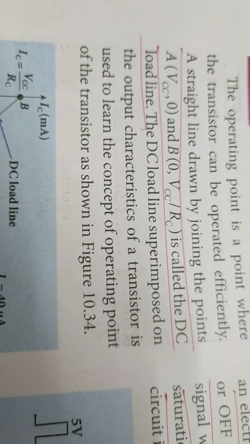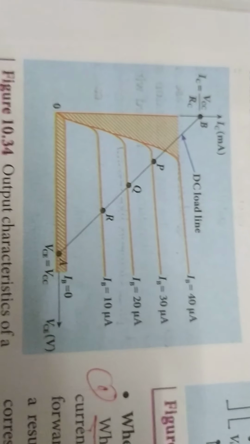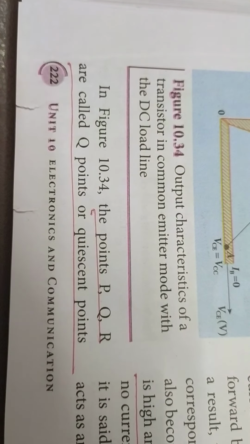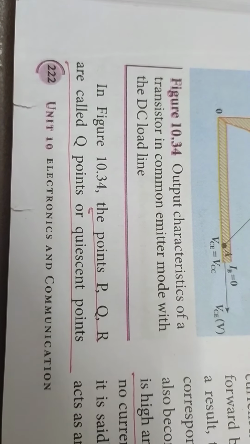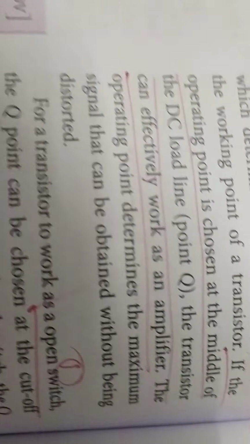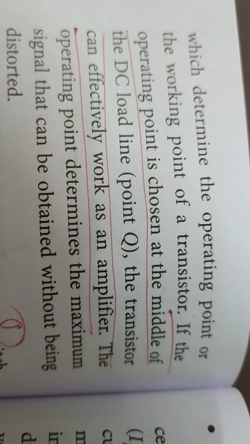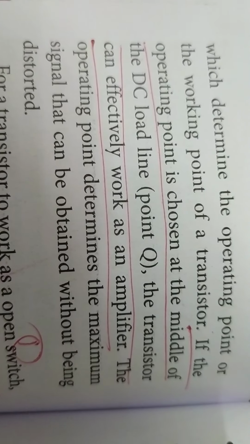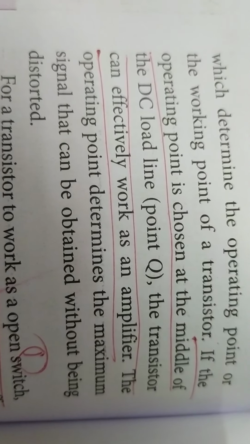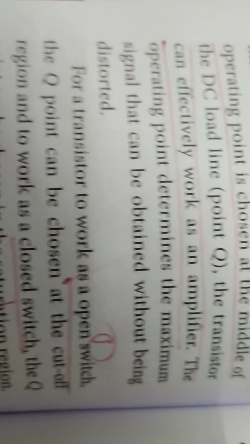This is superimposed on the output characteristics of the transistor, and usually the points P, Q, R are called Q points or quiescent points. If the operating point is chosen at the middle of the DC load line, the transistor can effectively work at this middle point.